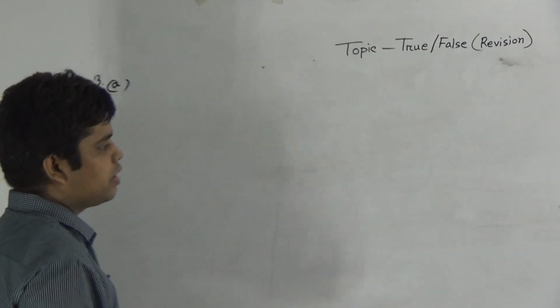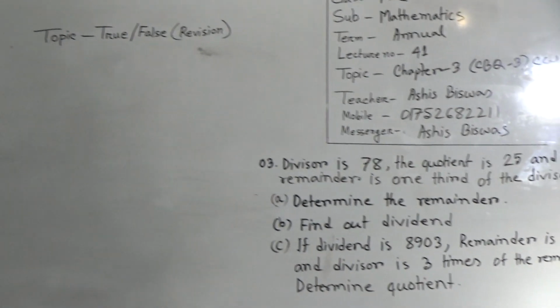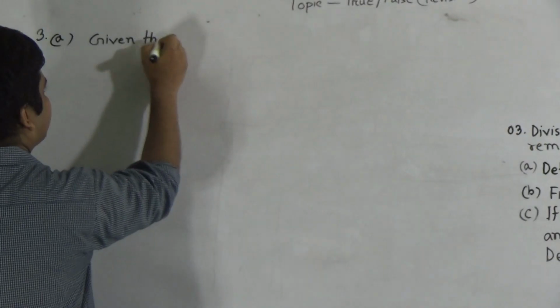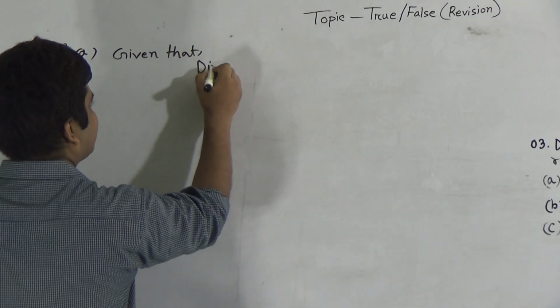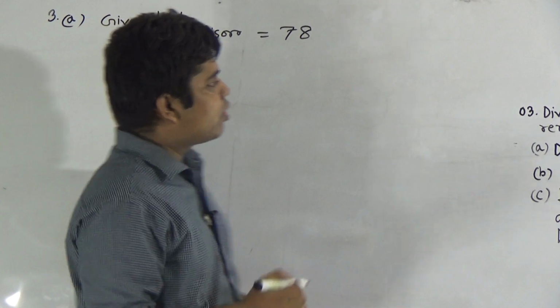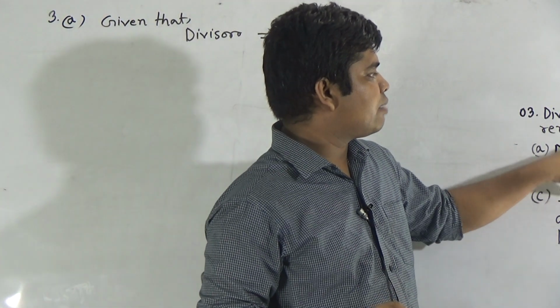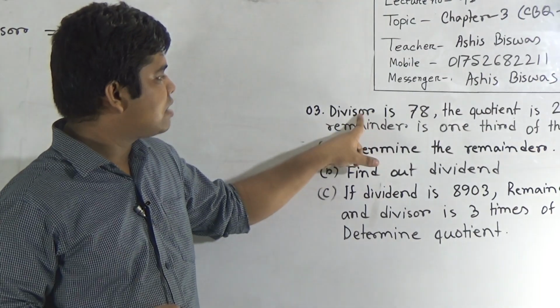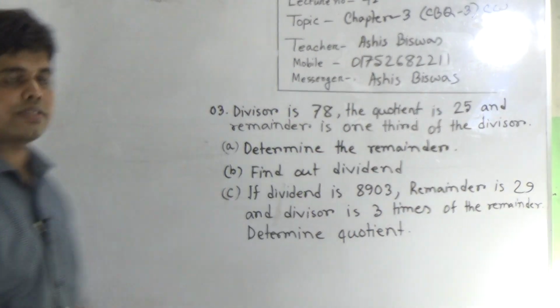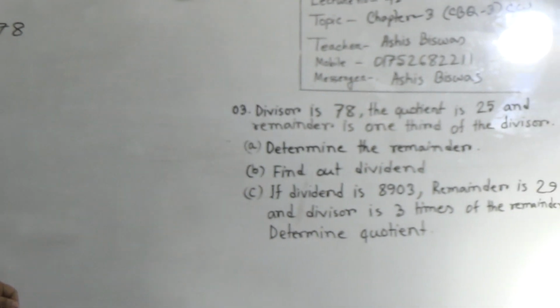Question A, determine the remainder. First of all I write the given: the divisor is 78. We need to find out the remainder. The remainder is connected with the divisor here. Notice, the remainder is 1/3 of the divisor.